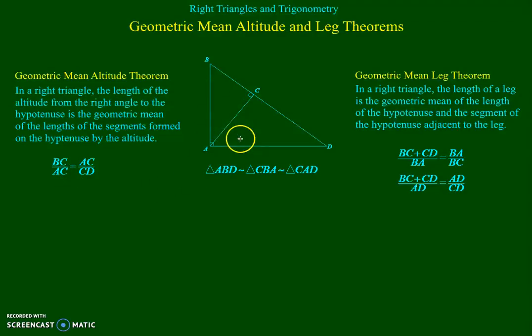Since we have no numbers, we're just going to use these two triangles because they both share an AC and they both have segments on the hypotenuse. So we're going to use this triangle and this one, which is CBA, and CAD. Let's start off with BC. So BC in this triangle is to, so that's the first two letters, CA in the bottom triangle.